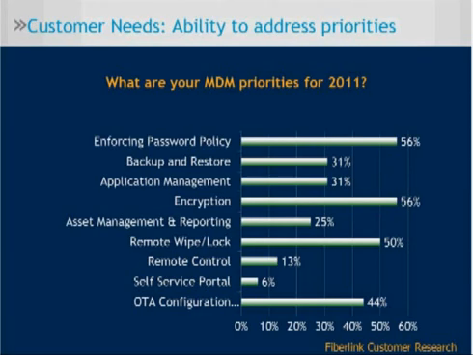And the other one I wanted to mention that's under 50%, but it's the next highest, is 44%, over-the-air configuration. This is the ability to implement tools to help with the provisioning of email, Wi-Fi profiles, VPN profiles, and some additional characteristics specific to Wi-Fi and tablets.